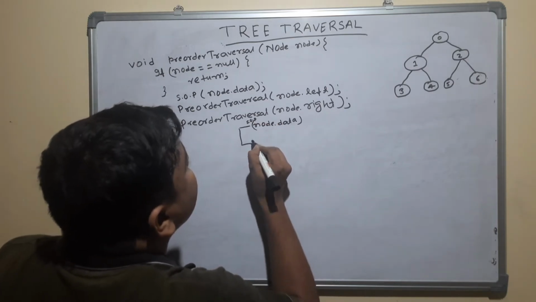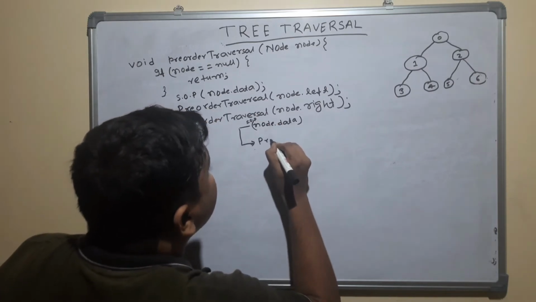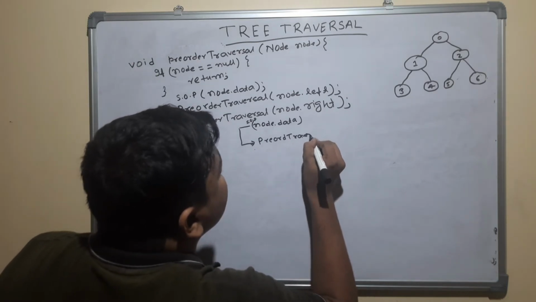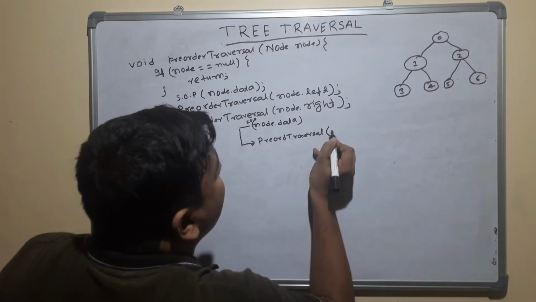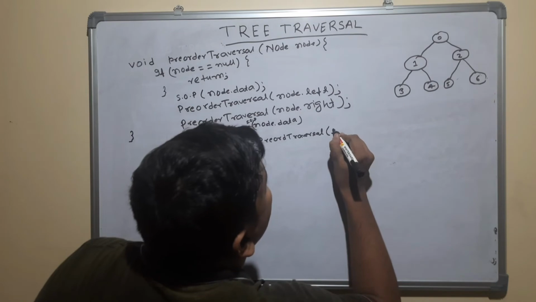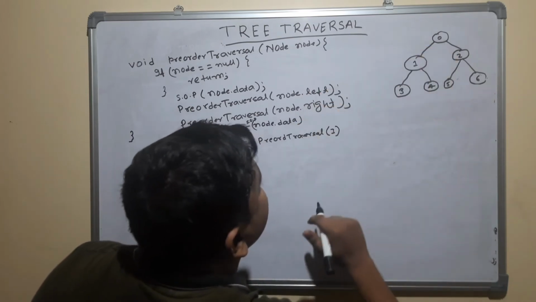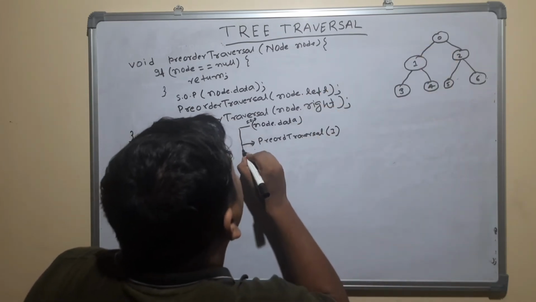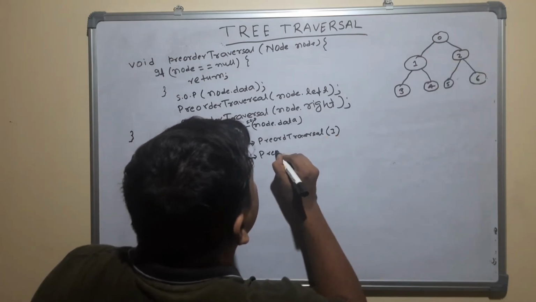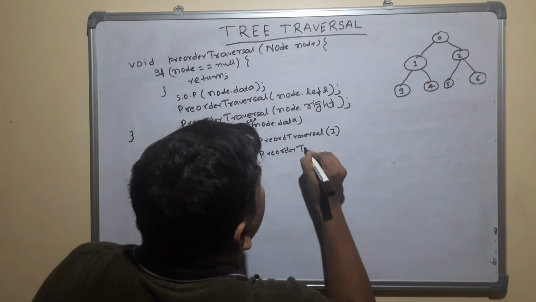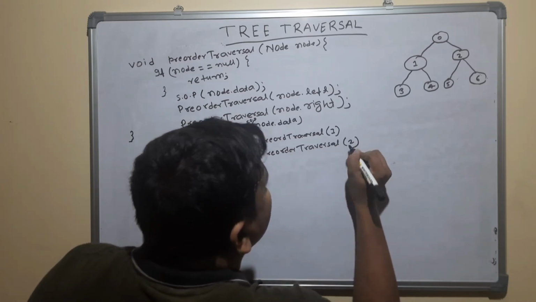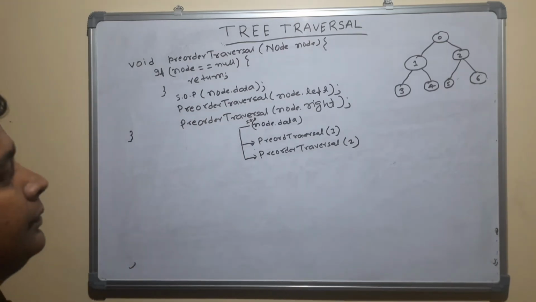Then it is processing pre-order traversal of node dot left, and again pre-order traversal of right, correct.